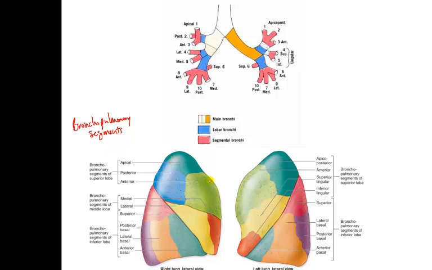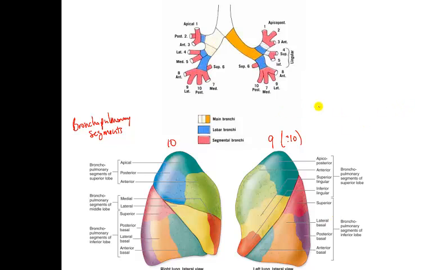So the bronchopulmonary segments are the ones that are now colored differently in this image. There are 10 on the right and 9, or some people say 10, depending on how exactly you define them. Either 9 or 10 bronchopulmonary segments on the left.